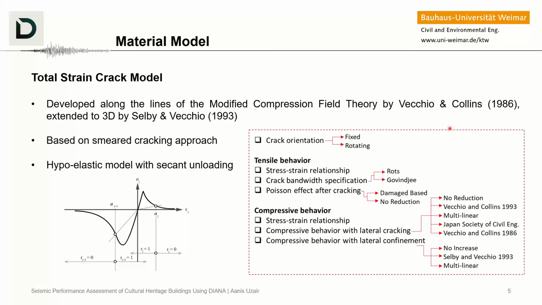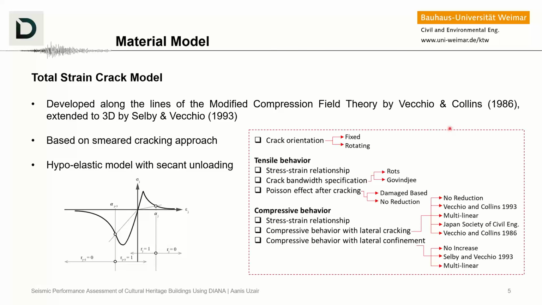Now, there is a lot of information about this already, and there are many studies which have calibrated and validated the model for regular and irregular geometries for different types of masonry. But I will give you a brief introduction to what is possible, what we use, and how we use it.